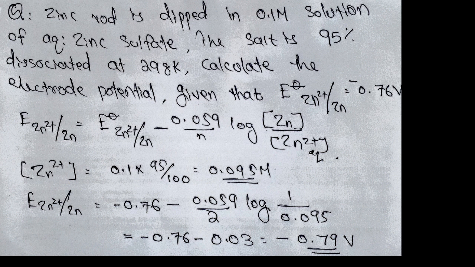Calculate the electrode potential. Here the given standard electrode potential for the zinc electrode is minus 0.76 volt. Here the zinc electrode is dipped in aqueous zinc sulfate, only 95% is dissociated.